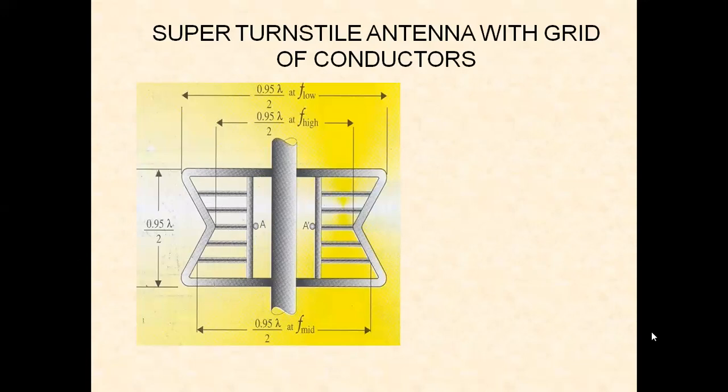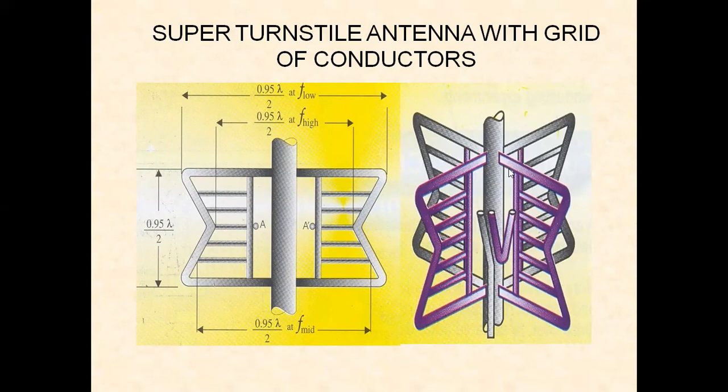So we are getting all the properties such as gain in a circular radiation pattern, minimizing the radiations upward and downward, and we can produce maximum radiation intensity in a particular direction.